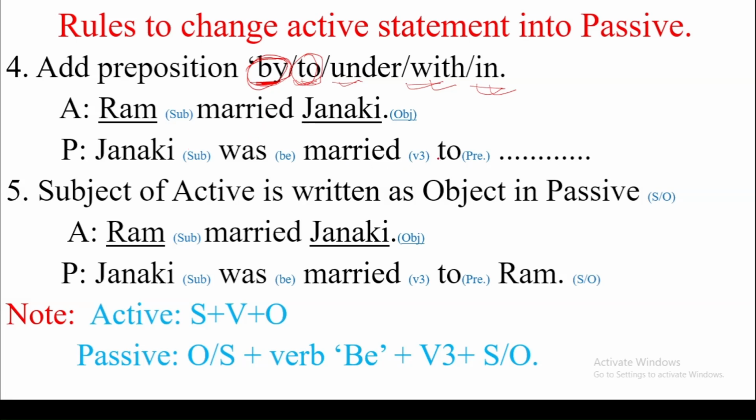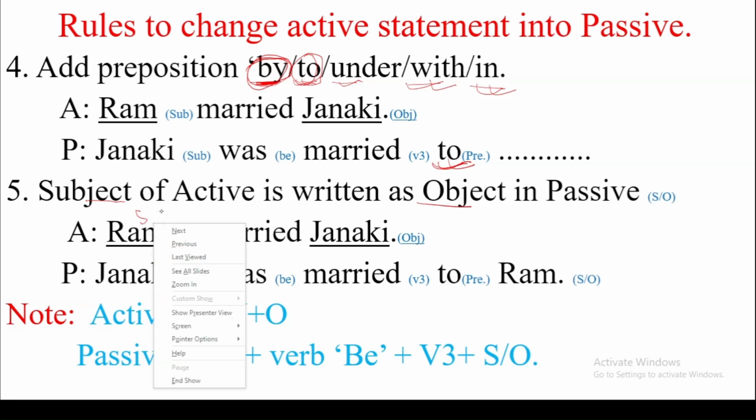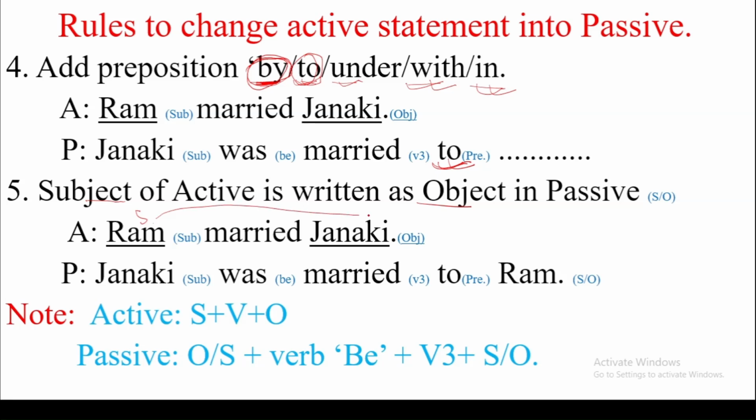So married to. So here as the fourth step we added to as preposition. Then the last stage is subject of active is written as object in passive. So Ram is the subject, and it is written as object. So we put this Ram at last as object. So the subject is changed to or written as object.